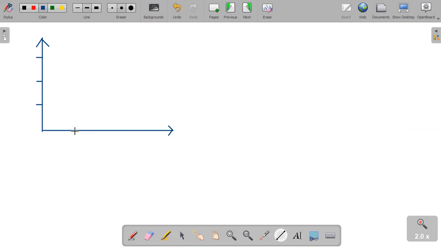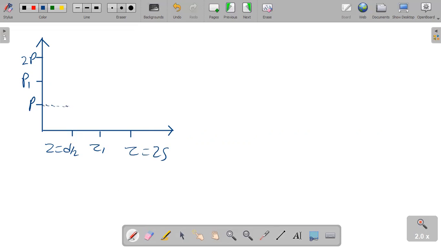Similarly here, desired z is equal to d by 2, here z1, and here z is equal to 2s, where s is spacing.